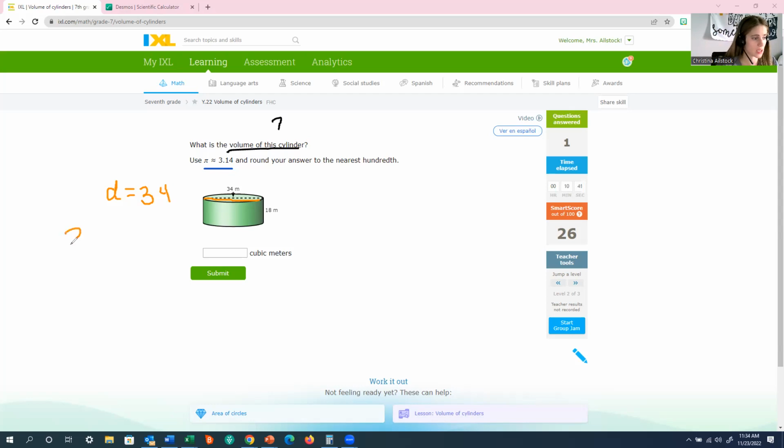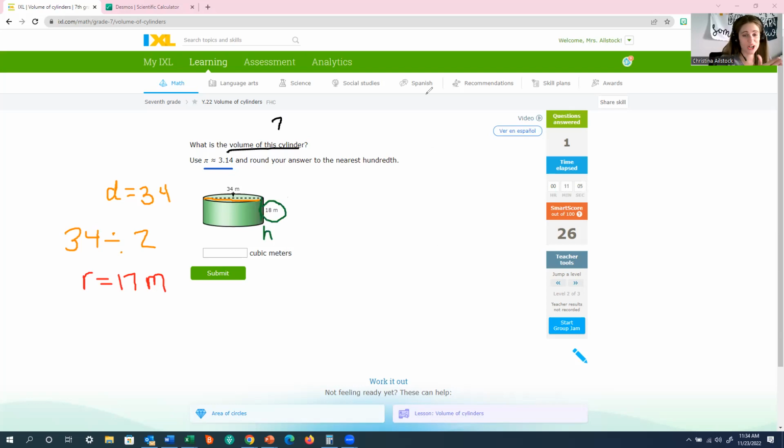So you can take 34 and divide that by 2 to find your radius, which would be a radius of 17 meters. And then our height is 18 meters.